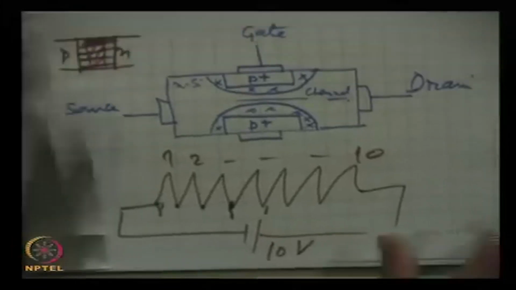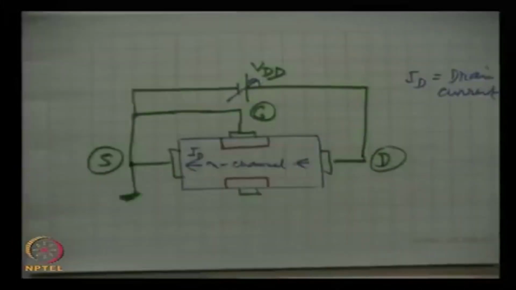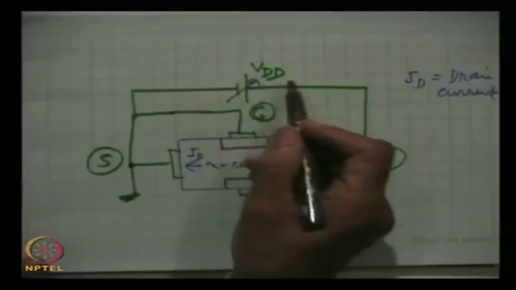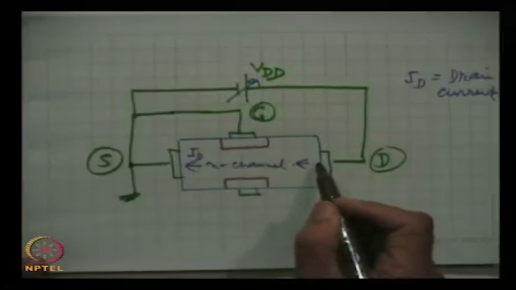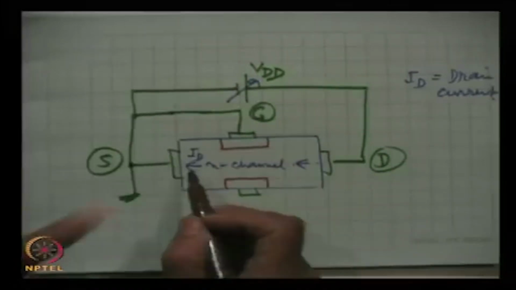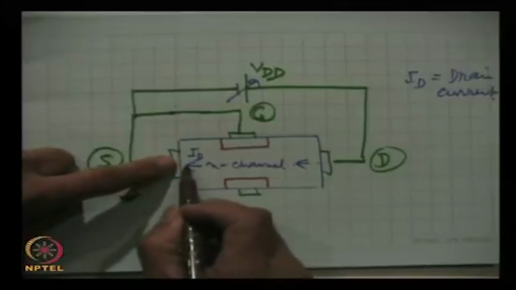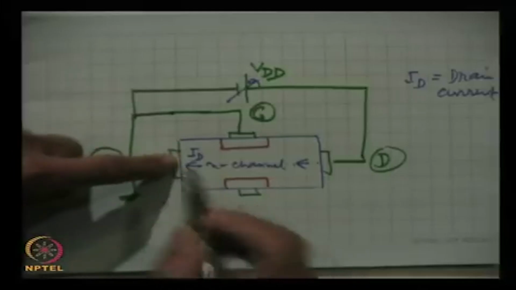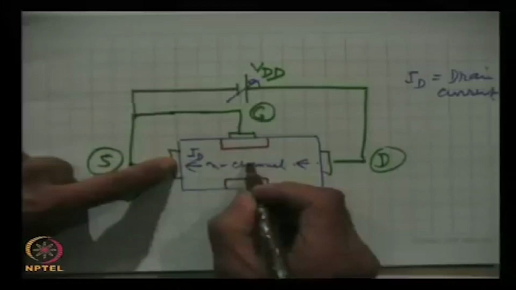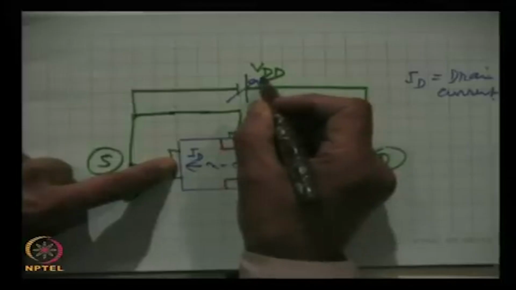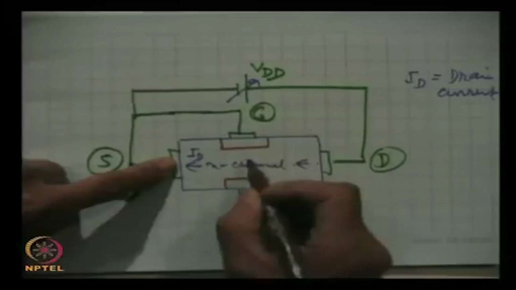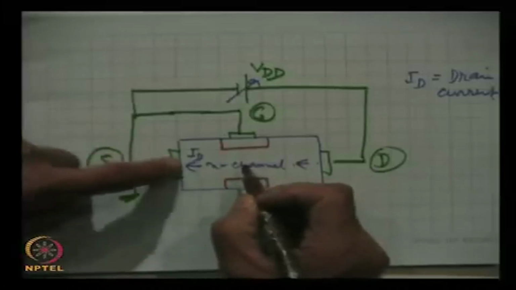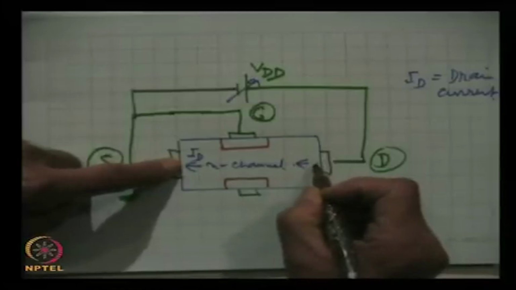In the same way, here the voltage, when we have applied VDD, will be largest here and least here, and very close to this surface the potential will be almost 0. Between source and middle, it will be roughly half of the voltage which we have applied. If we have applied 10 volts, between center and here it will be 5 volts. Between the source and this end, it will be 10 volts.